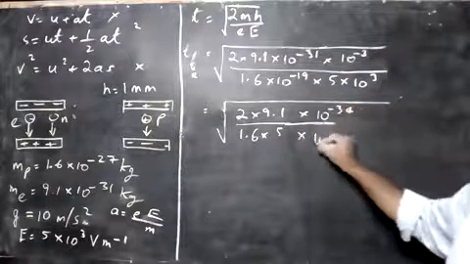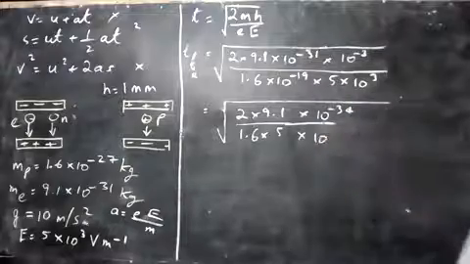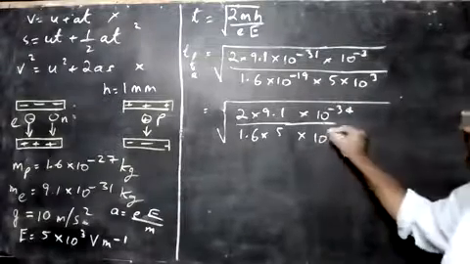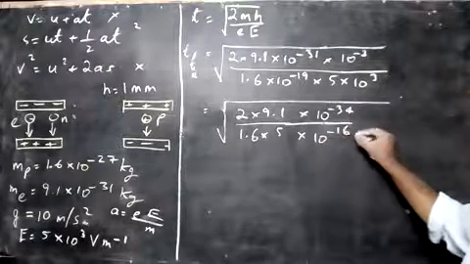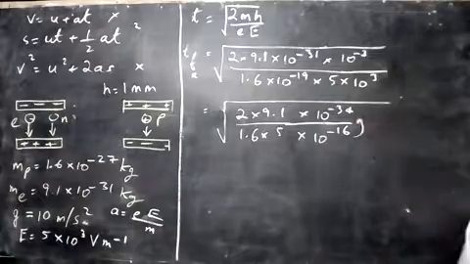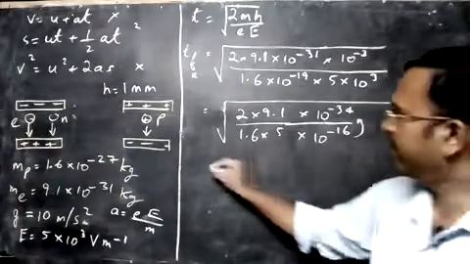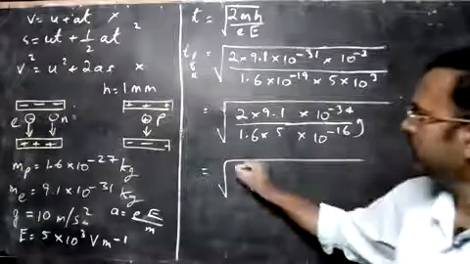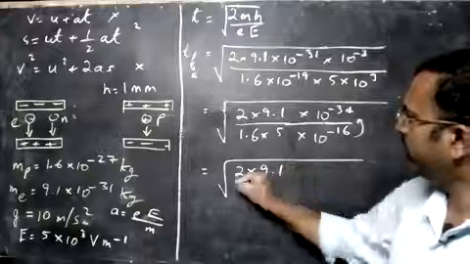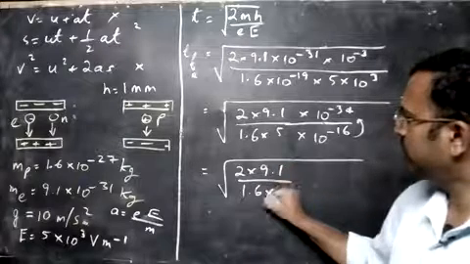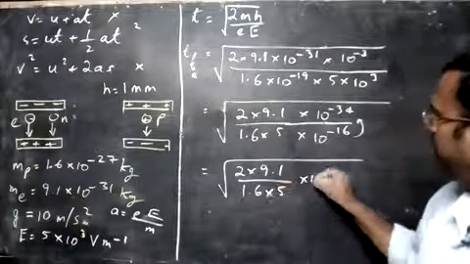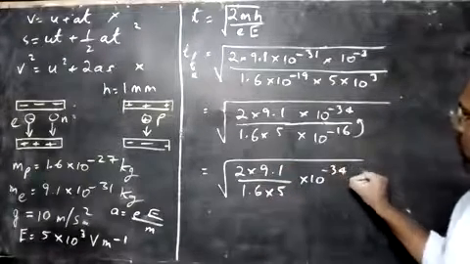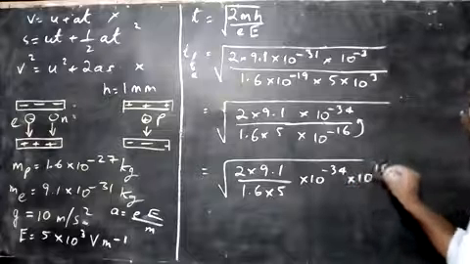In the denominator we get 10 power minus 19 plus 3, that will come as minus 16. Take this 10 power minus 16 to the numerator, and it will become 10 power plus 16. We'll do it step by step, then it will be easy to understand: 2 into 9.1 divided by 1.6 into 5, into 10 power minus 34 into 10 power plus 16.